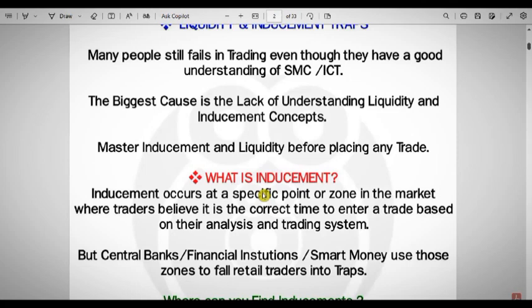Okay, so if you are somebody who has marked a certain specific point or zone in the market, and you believe that's the correct point for you to take an entry based on your analysis and trading system, if the market sweeps it, if the market takes you out, it means the central banks or the financial institutions or the smart money use those zones to fall traders, the retail traders, into a trap.